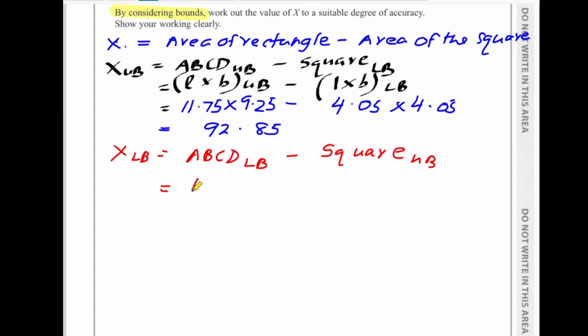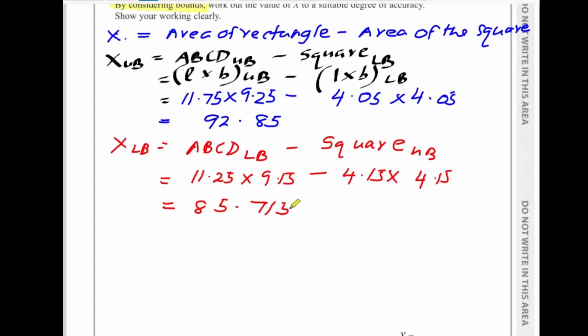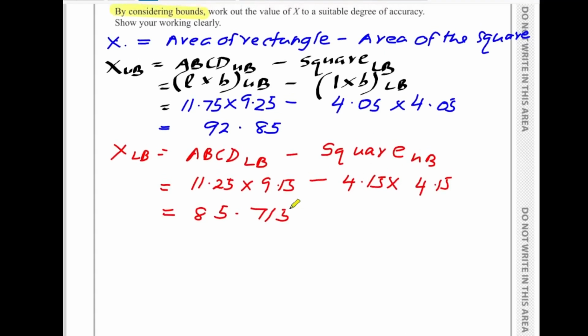Therefore 11.25 into 9.15 subtract 4.15 into 4.15. The answer would be 85.715.